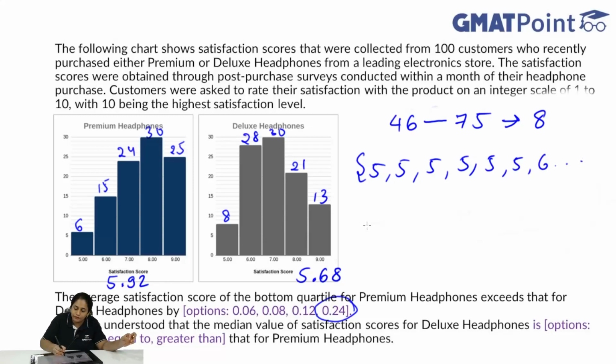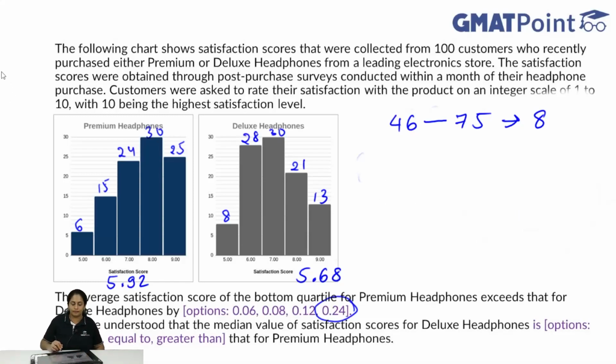So the 46th value to the 75th value will be 8. So what will be the median in this case? The 50th value will be 8, the 51st value will also be 8. So the average of 8 and 8 is 8, which means that the median score for premium headphones is 8.